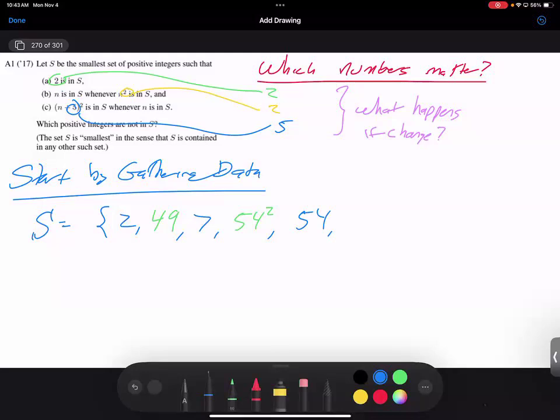So what happens is we have numbers that generate different things. So 2, what does 2 give us? 2 gives us 49, because you get 7 squared. And what else does 2 give us?